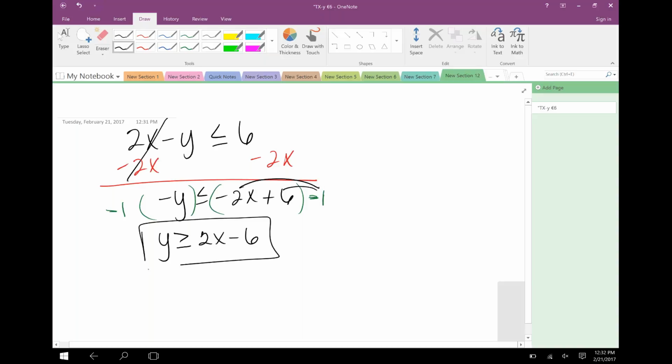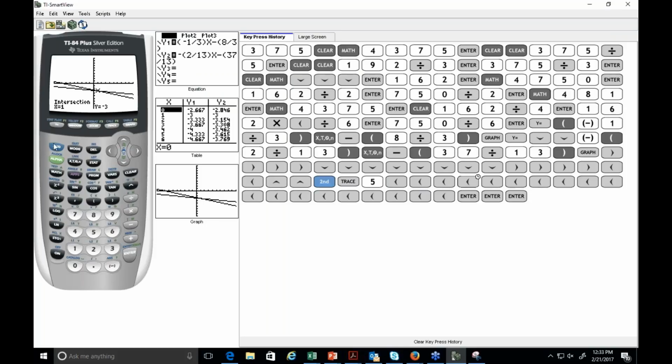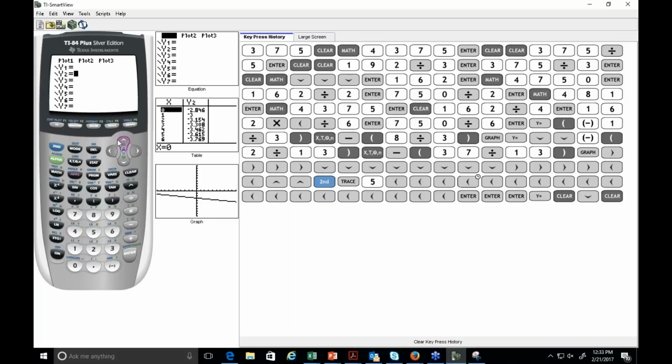This is what I'm going to put into my graphing calculator. Okay, so let's go back to y equals. Let me clear this out because I'm done with this problem. All right, so we're going to put in, so our equation was, I forgot. All right, so 2x minus 6, that's easy, right?